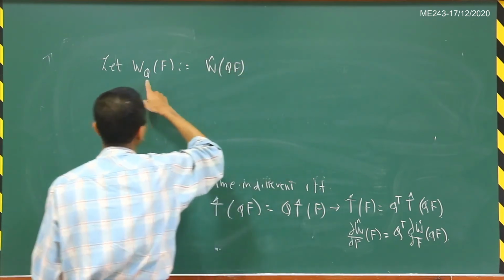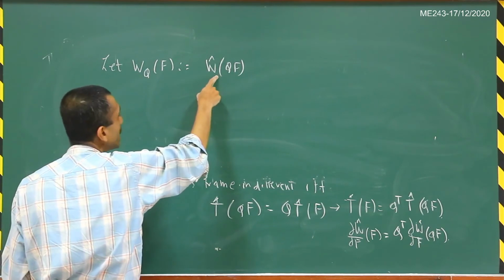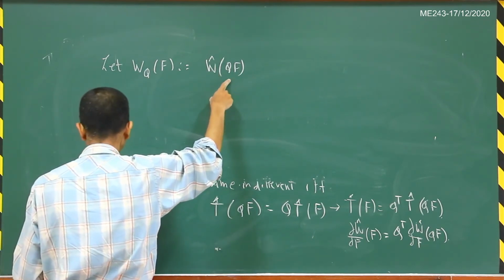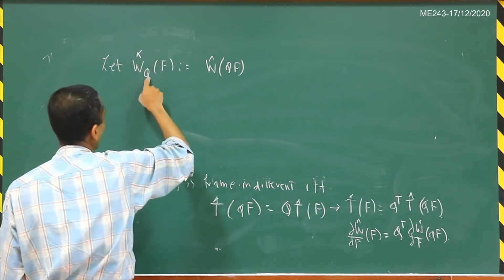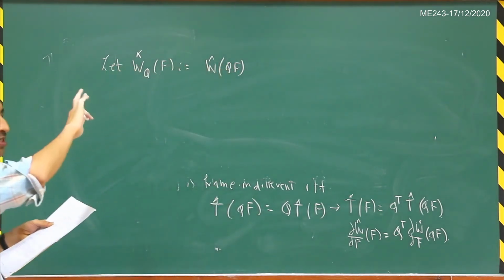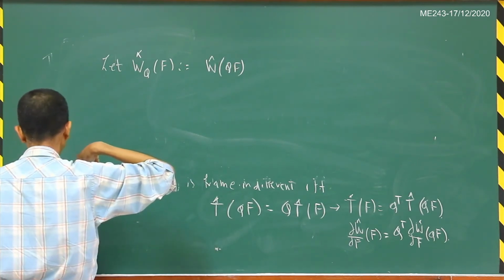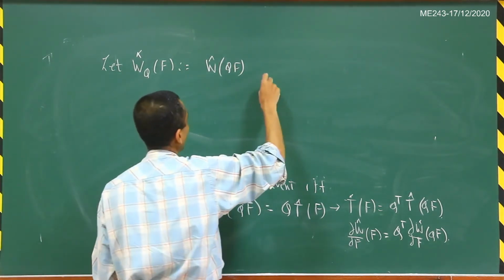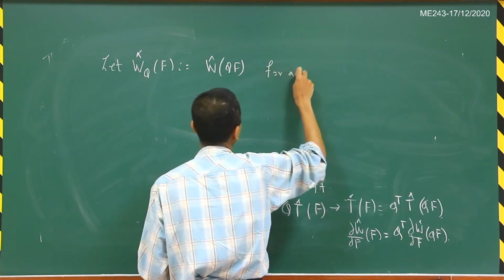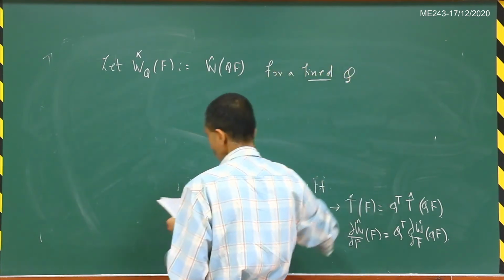We are just renaming this particular function as W hat of Q of f. The Q is going to remain fixed, so that is why we are simply putting it as a subscript in this particular case. So this is for a fixed Q belonging to all classes.